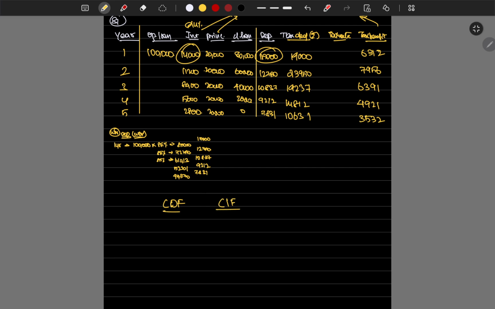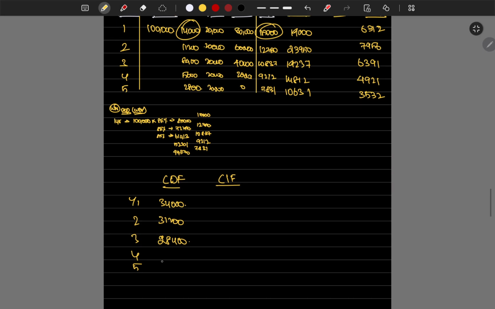Cash outflow, cash inflow, which is tax benefit. Cash outflow is 34,000 here, years 1 2 3 4 5. Cash outflow is 34,000, 31,200, 28,400, then 25,600, then 22,800 is the cash outflow.